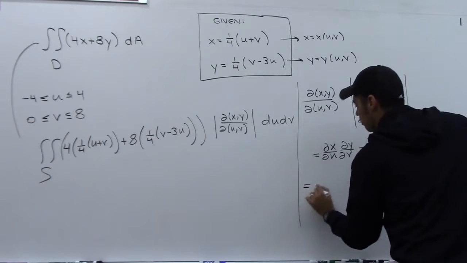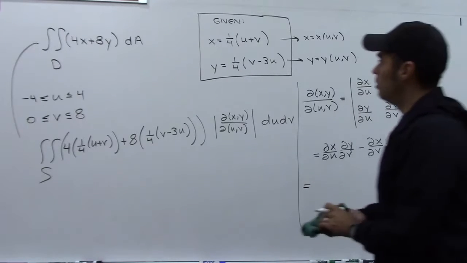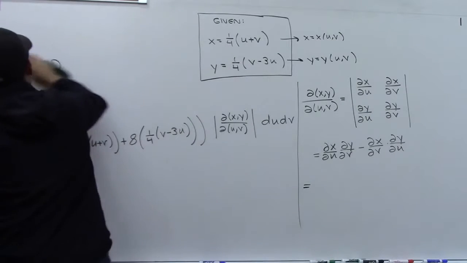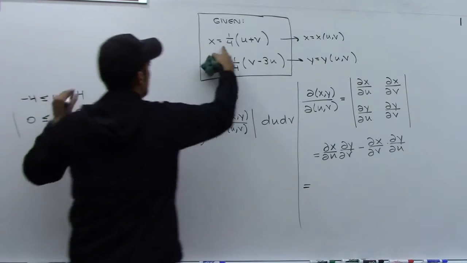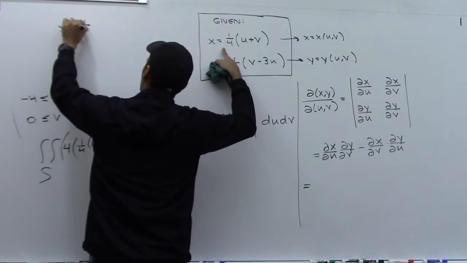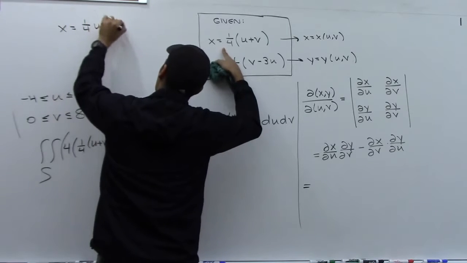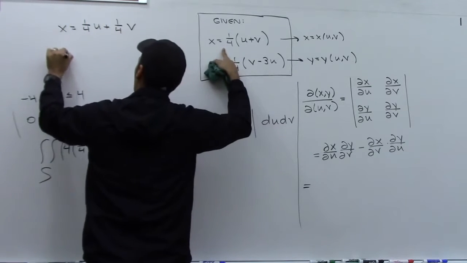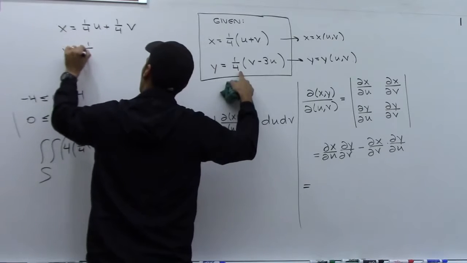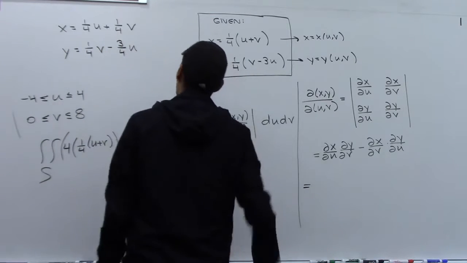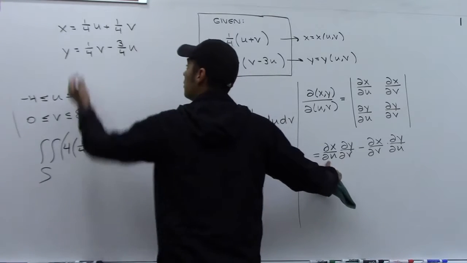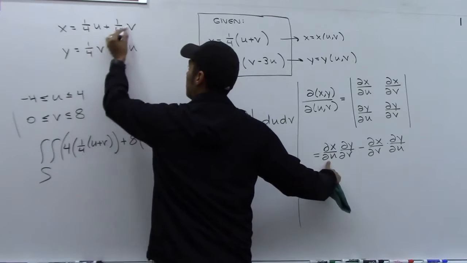What is the partial of x with respect to u? Here's my x. Let me just distribute that 1/4 through: 1/4 u plus 1/4 v. Y is equal to 1/4 v minus 3/4 u. All right, so what is the partial of x with respect to u? This is a constant.